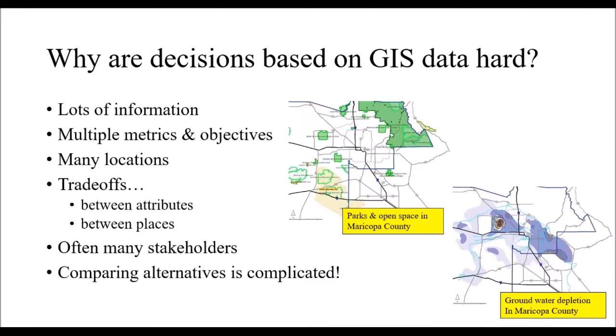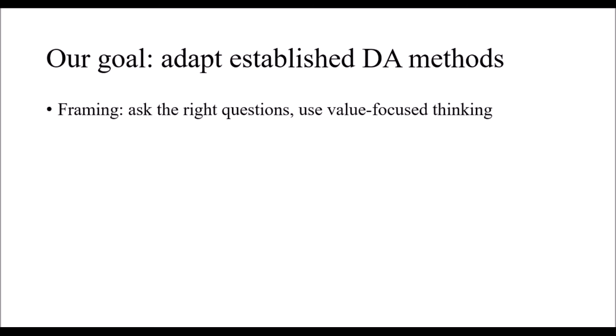And our goal when facing these situations is to do our best to make sure that well-established decision analysis methods are used and principles are followed. Right. So that includes things like making sure that we're asking the right questions, that the decision problems are framed correctly. In particular, we're trying to encourage the use of value-focused thinking.